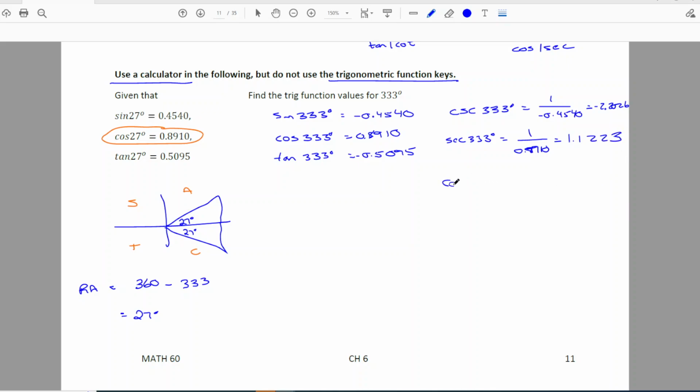And then lastly, cotan of 333 degrees would be 1 over negative 0.5095. Which if I plug that into my calculator, 1 divided by negative 0.5095 gives me negative 1.9627.